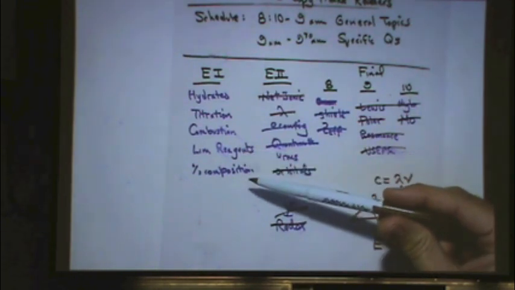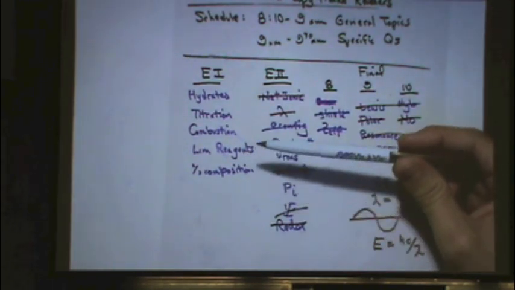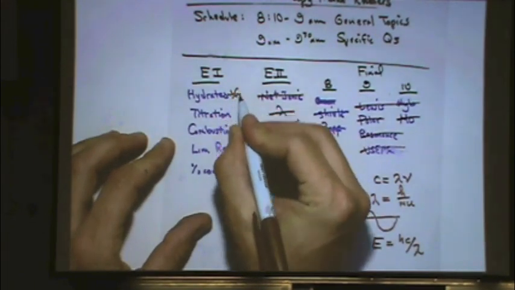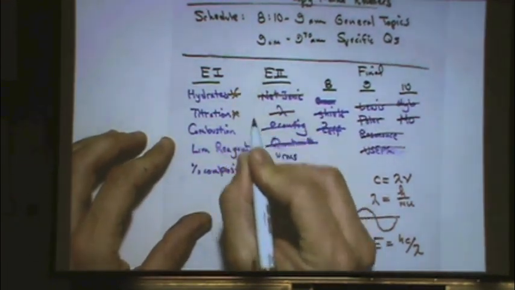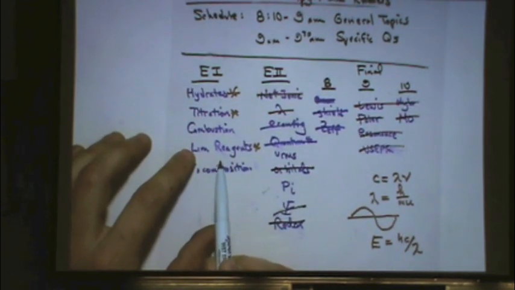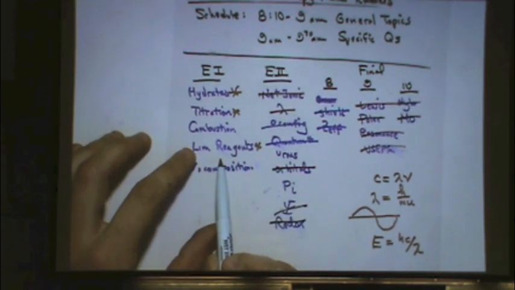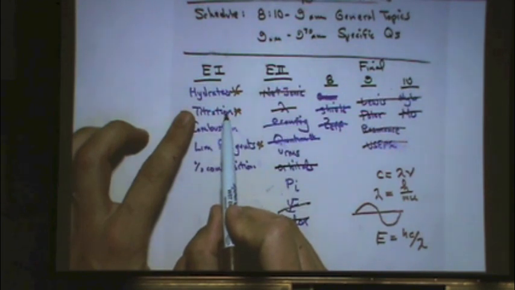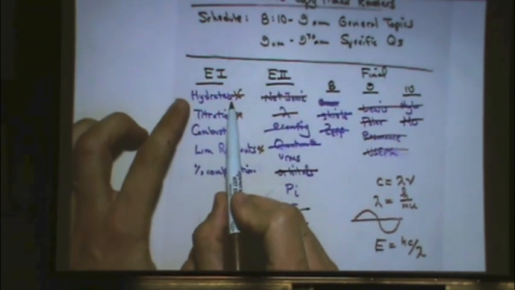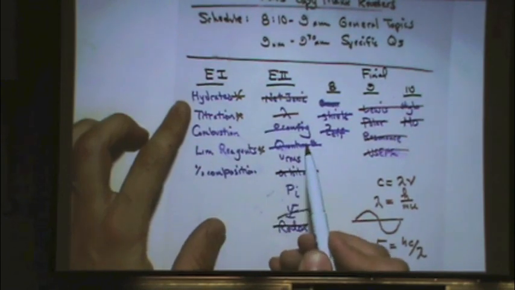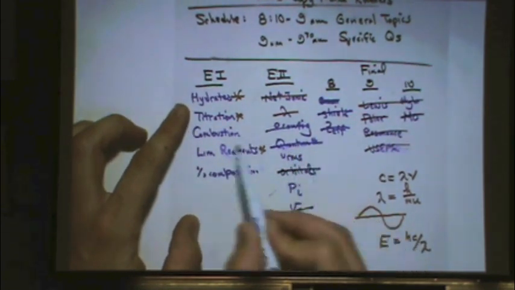Ooh, close. Percent composition. So it's between these three. Vote for the one you hate. Limiting, the one you don't want. Limiting reagents. Titrations. Who doesn't want this? So close. Alright, I'll cut this one. I have to pick one at random. Okay, so we're going to do hydrates and titration. Let's do titration first.